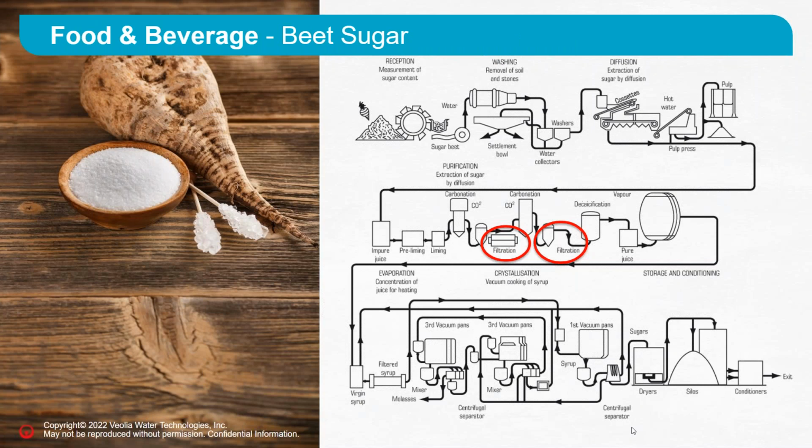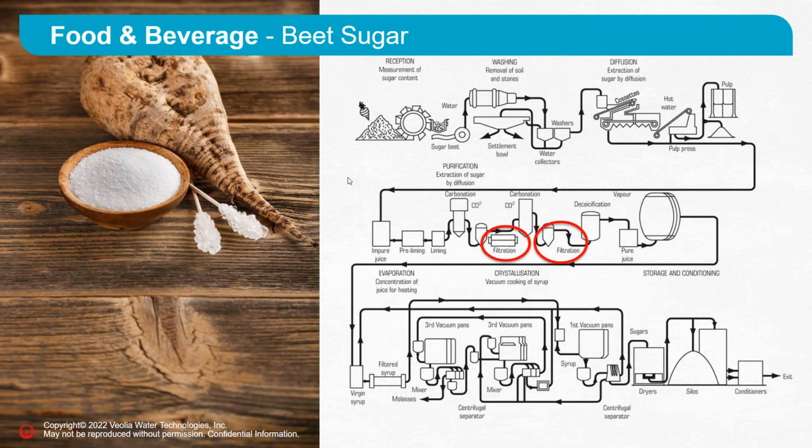Precoat filters are also used in the production of sugar from beet. In this process, the beets are washed and sliced and then sent through a diffuser where hot water washes over the sliced beet, and that process absorbs the beet sugar into the liquid.